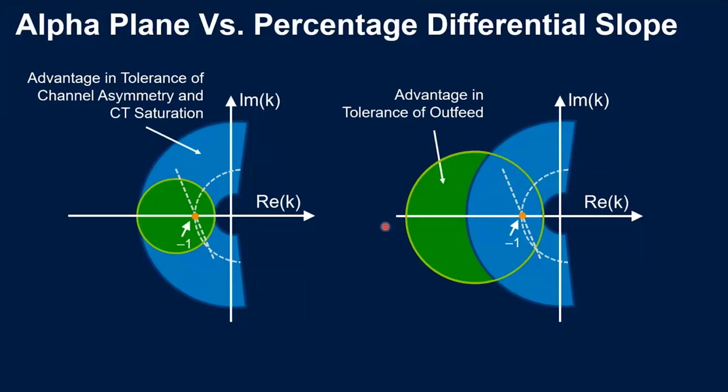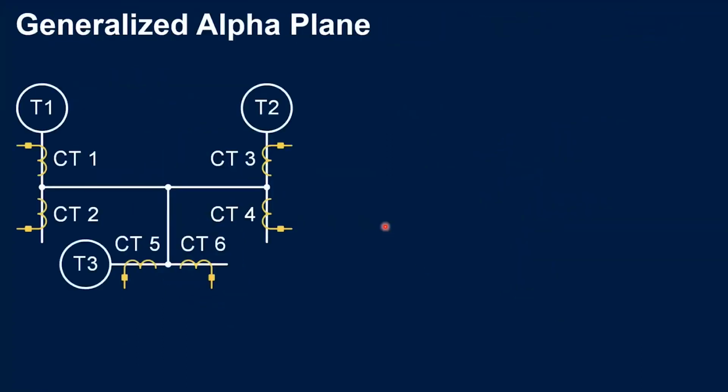But let's take it a step further, because until now we are seeing that the alpha plane operation point is calculated by dividing the local and the remote current. But what happens if we have a system or a transmission line with three terminals? How do we manage to divide a local and a remote current when we have three terminals? And in this case, each terminal has two breakers.